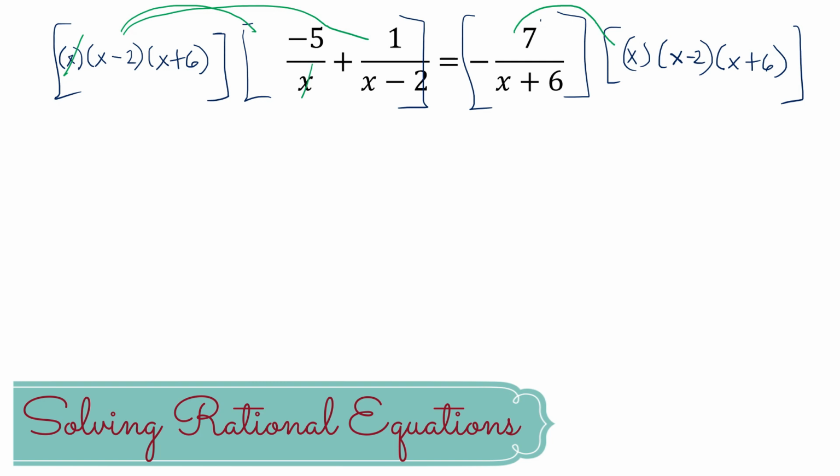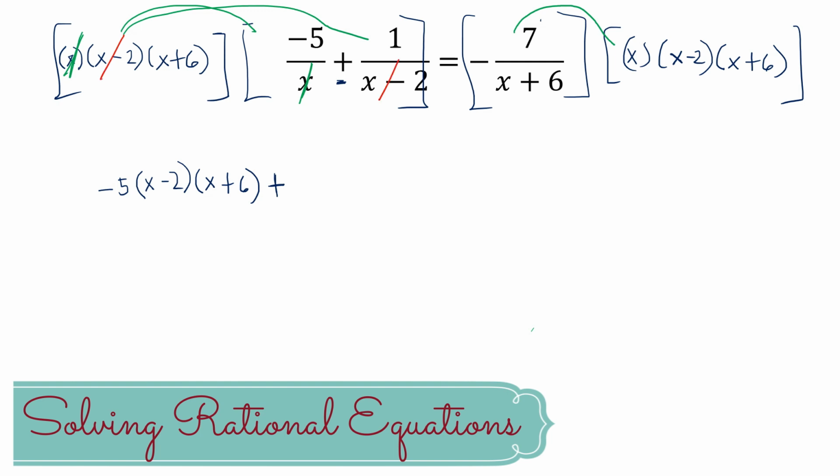Okay, so again, x divided by x is 1. So what's left is negative 5 times x minus 2 times x plus 6 plus, where did we get that plus sign? From here. So plus, x minus 2 divided by x minus 2 is 1.